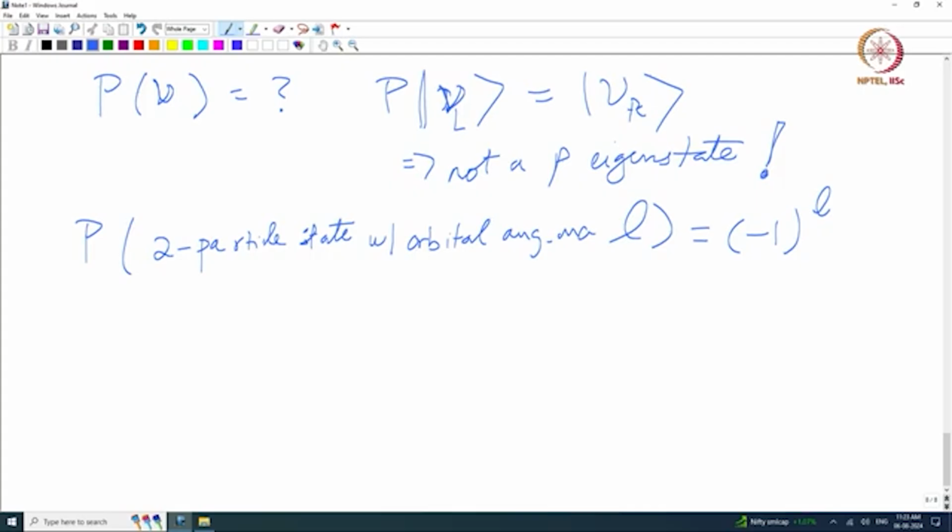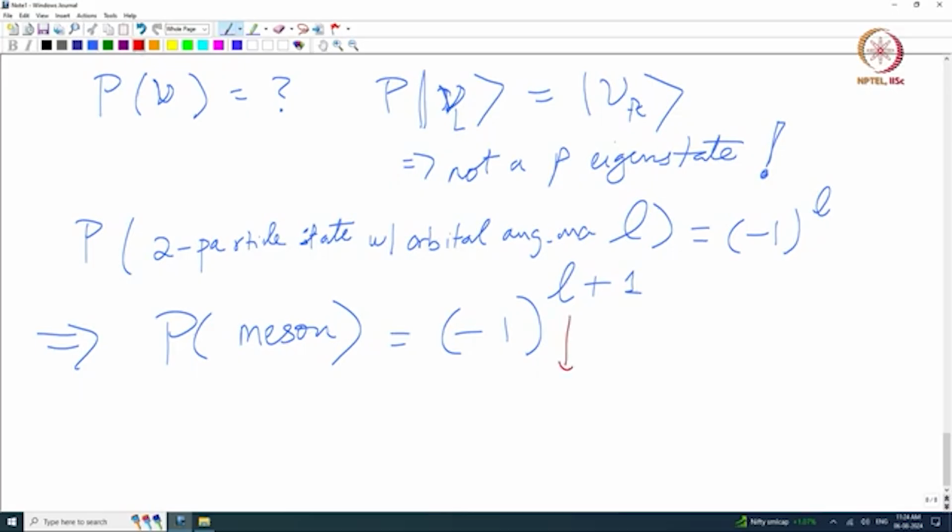Okay, so with all this in mind, we can now finally write down the intrinsic parity of a meson. I'll just give the answer, it's (-1) to the power L plus 1. Why is that?